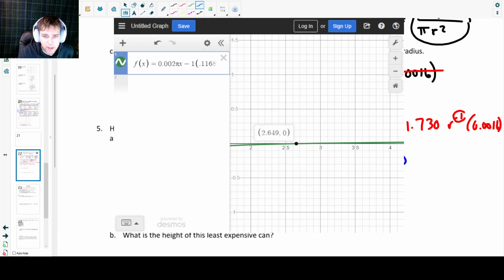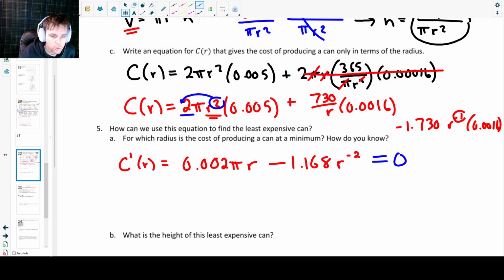So I have figured out that the critical value, where it crosses the x-axis and is equal to 0, is with a radius of 2.649. That is our r value. We'll go ahead and get rid of my Desmos window. Cool.